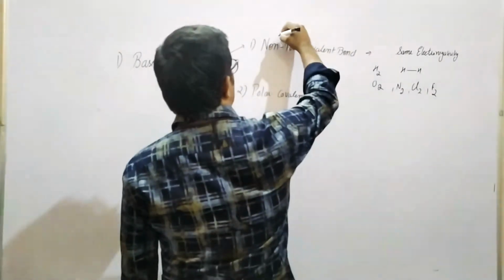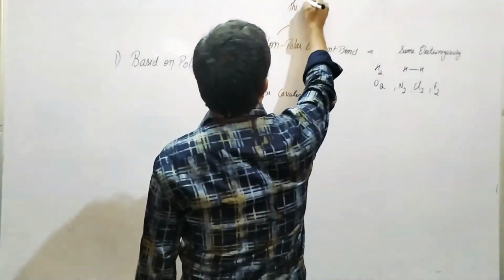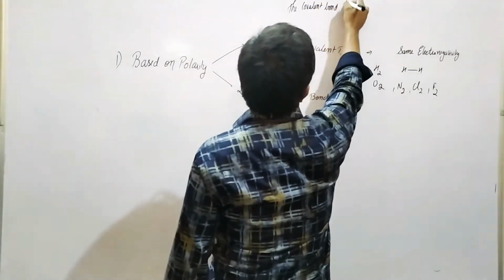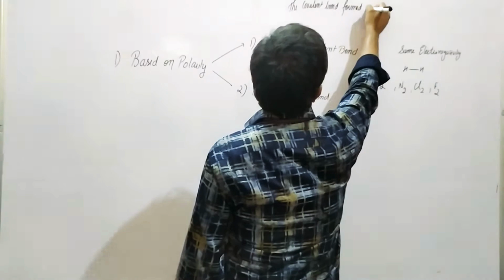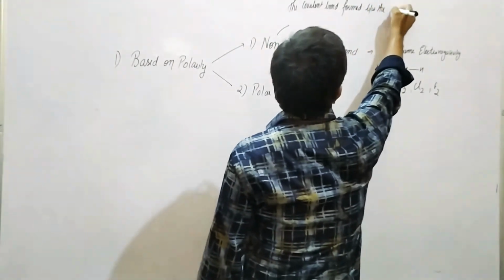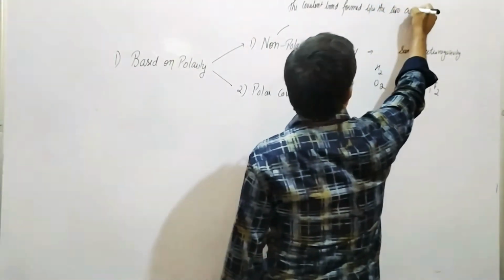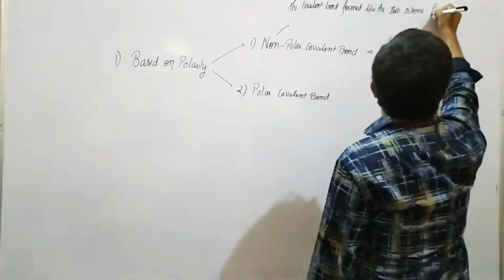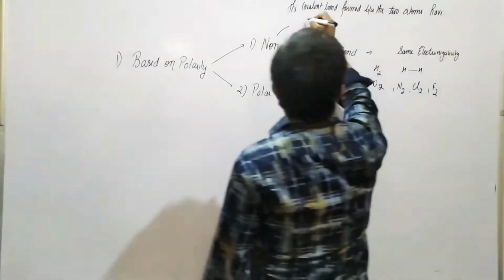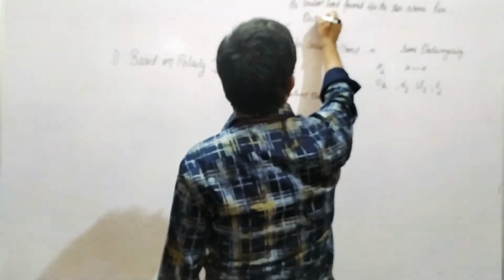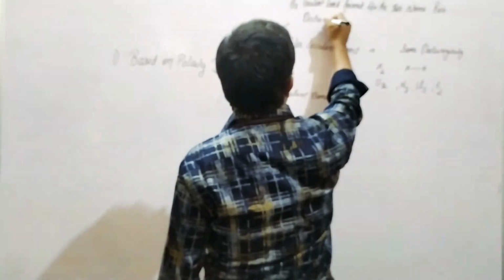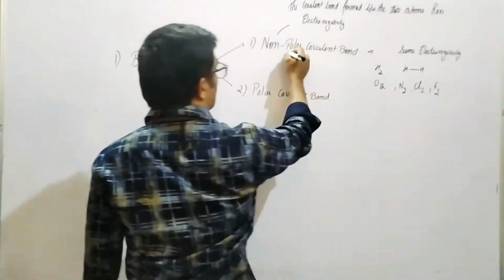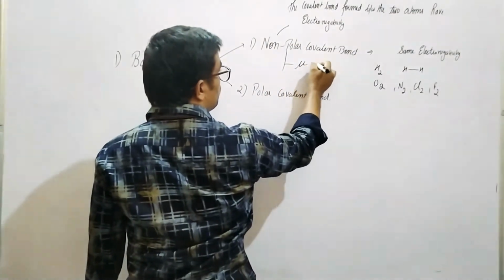Therefore, we can say the covalent bond formed between the two atoms having same electronegativity is non-polar. Hence in a non-polar covalent bond, dipole moment nu is equal to 0.